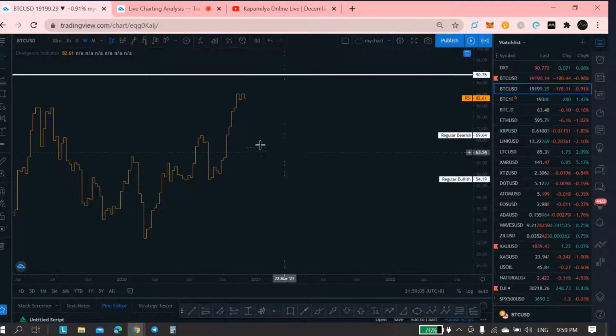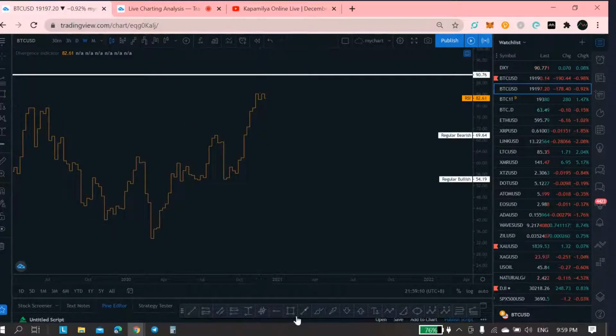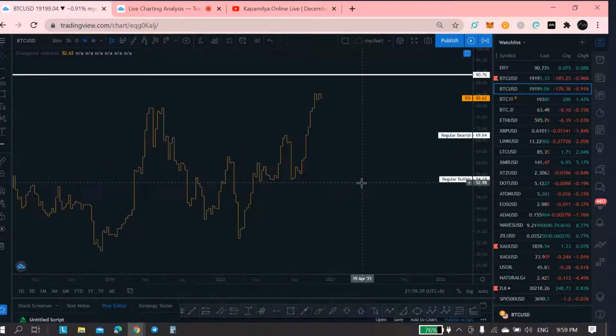So since the week has just started, you can see that direction is just flat. So it's trendless at the moment.